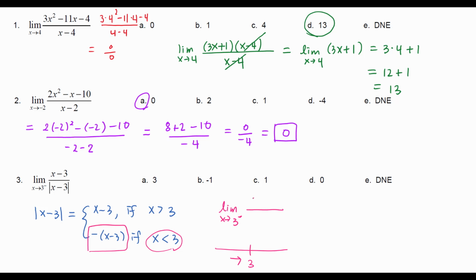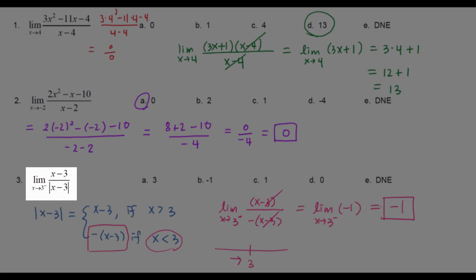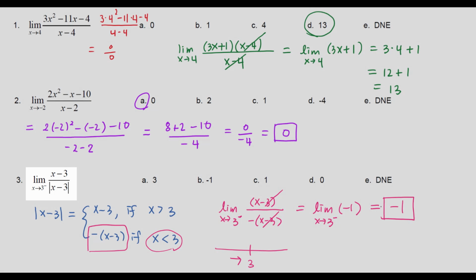So this will be x minus 3 over the opposite of x minus 3. So the x minus 3's cancel, and you have the limit as x approaches 3 from the left of negative 1, and the limit of a constant is a constant. So the limit as x approaches 3 from the left of x minus 3 over the absolute value of x minus 3 is negative 1.